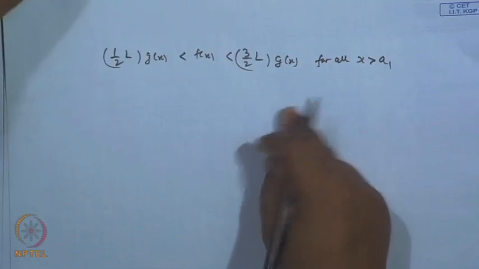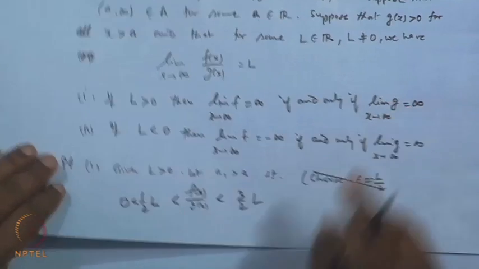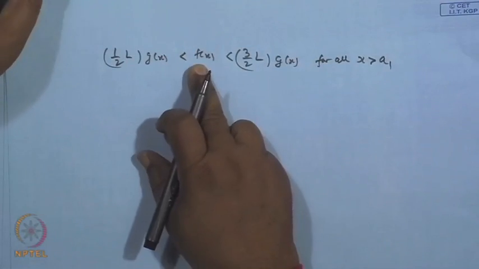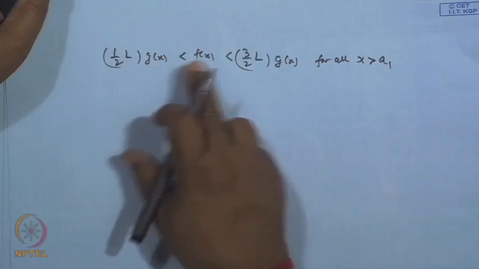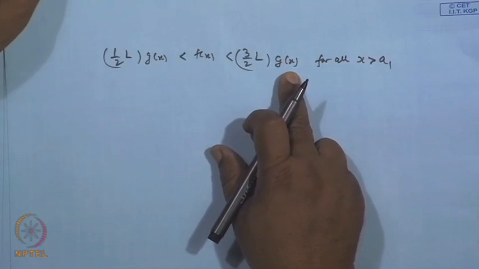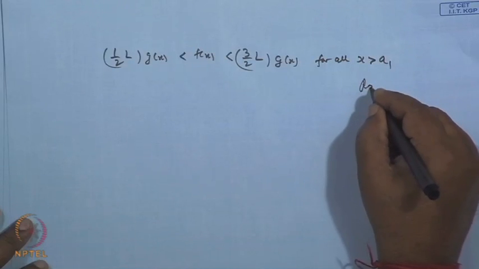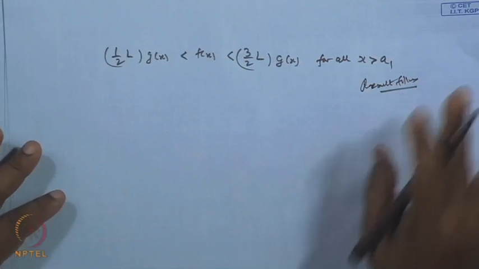Now, take the limit. If f is infinity, then g is infinity. If g is infinity, f will be infinity. If f is infinity, from here g will be infinity. So the result follows.